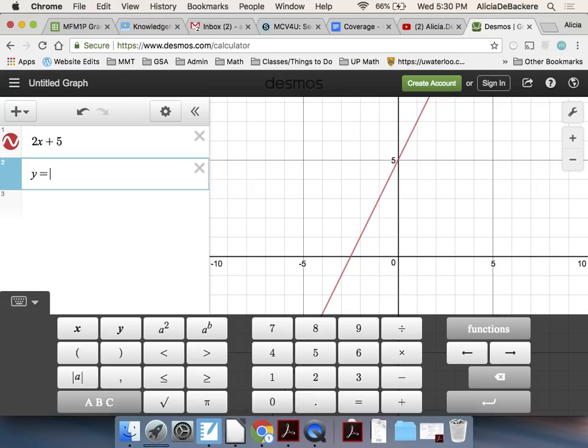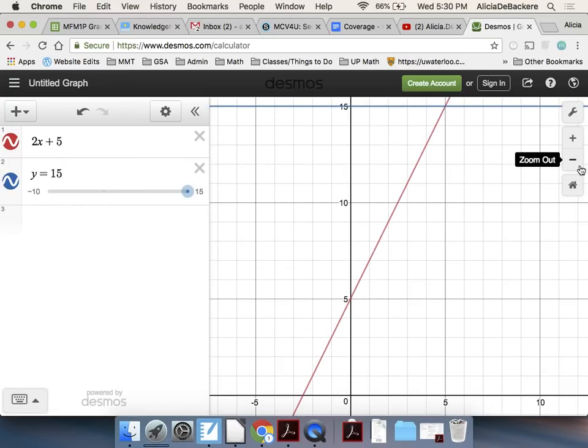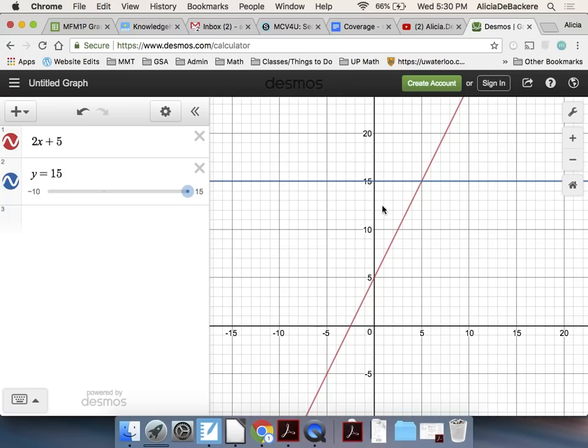Type in y equals 15. And when I zoom out here, you can see that my blue graph is just a horizontal line across 15, and my red graph is a diagonal line. So yes, they do cross at x equals 5. They do have an intersection point, but they're definitely not the same graph. So this is not an identity, it's an equation.